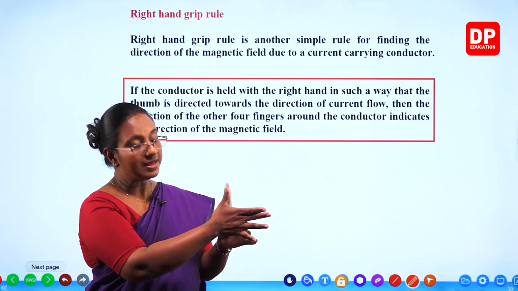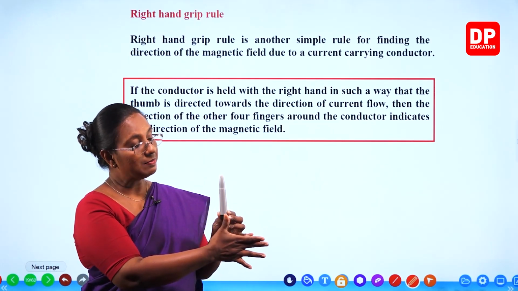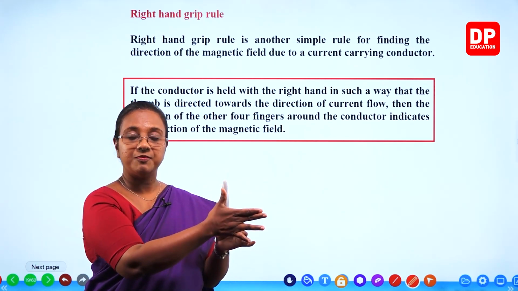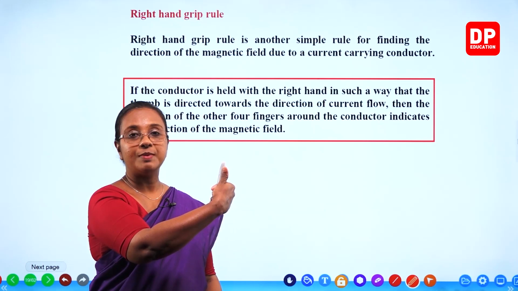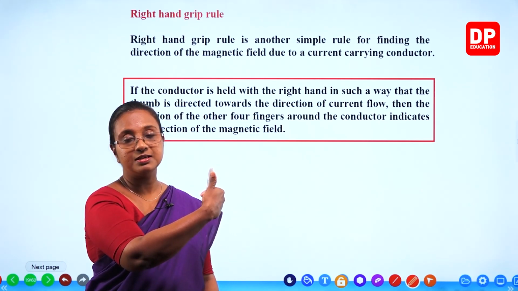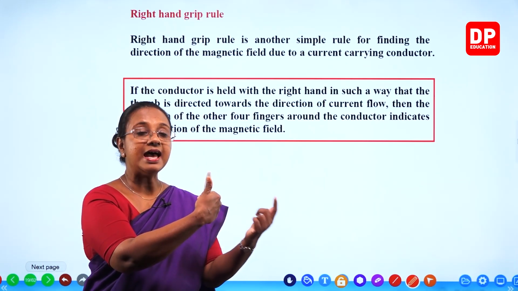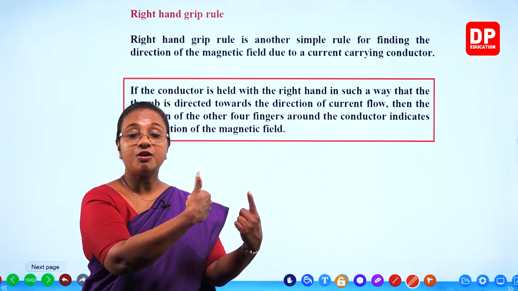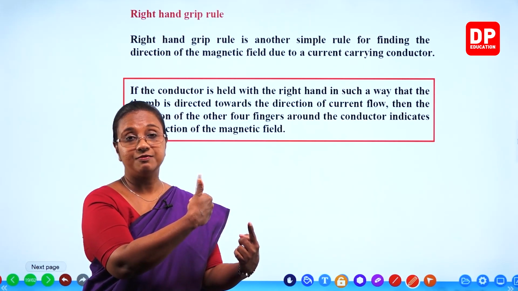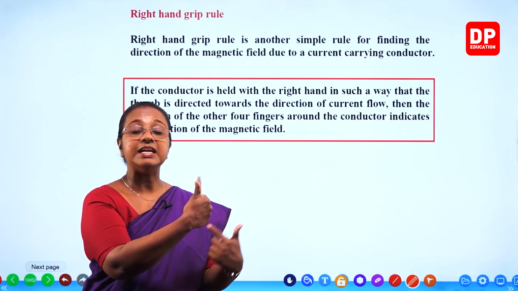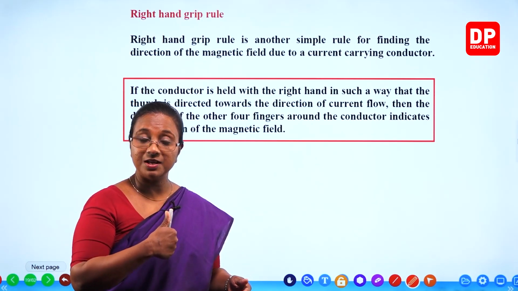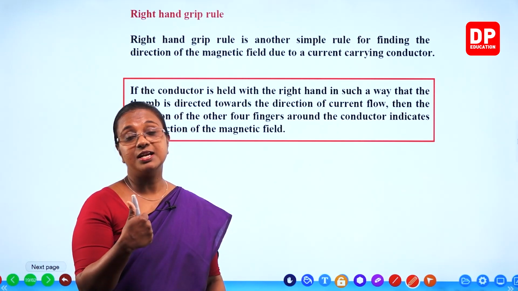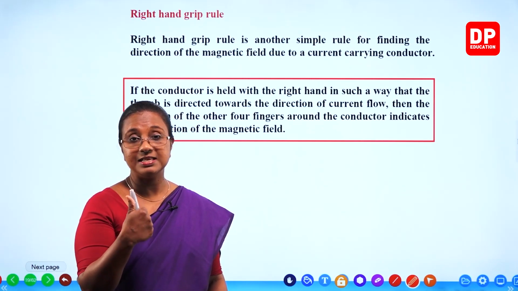If I place my thumb this way, that means the current is flowing upwards, in the AB direction. And then I fold the other four fingers around it. That is the direction of the magnetic field. Here you can see the anti-clockwise direction. This is the same as the previous rule. The way you identify the magnetic field lines is different.